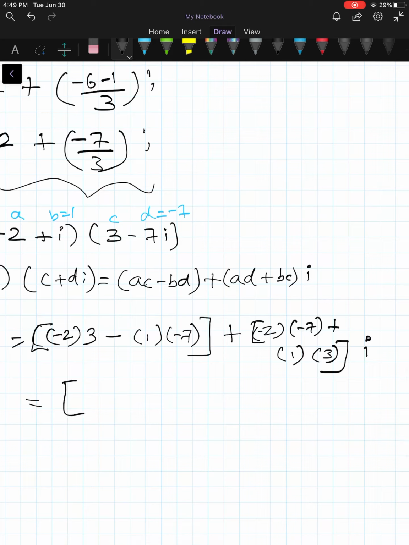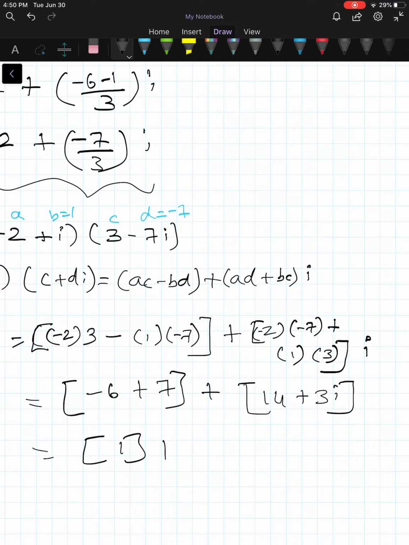Now simplifying the terms, we get the real part to be negative 6 plus 7, plus 14 plus 3i. Sorry, the i should be outside the brackets.